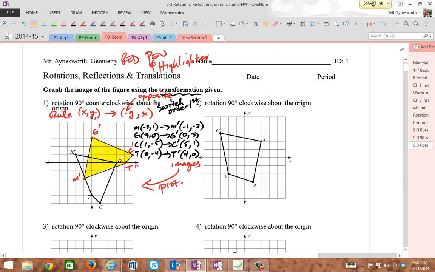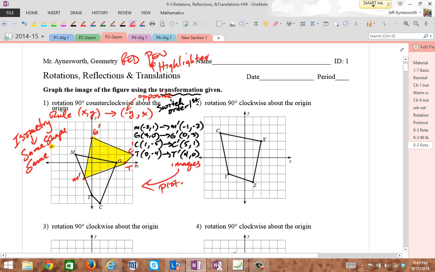If you want to, you can take a piece of trace paper, trace the image, and it should overlap the original because this is an isometry. Remember, isometry is a fancy word meaning the same shape, same size. I don't care what the transformation was. In this case, it was a rotation.